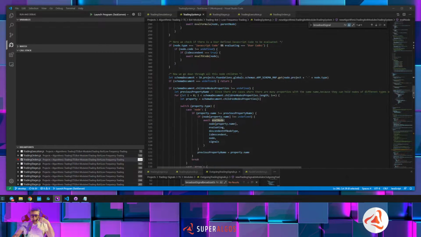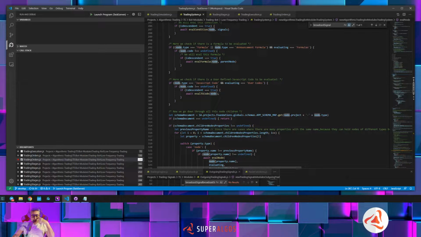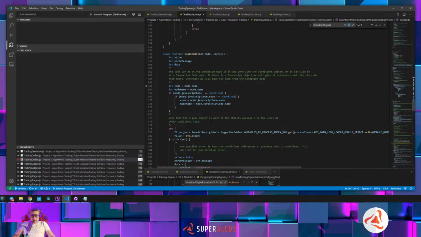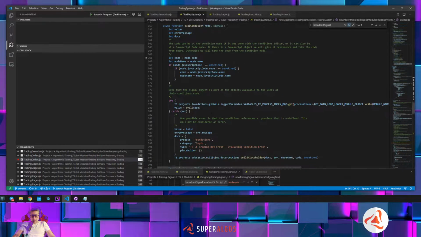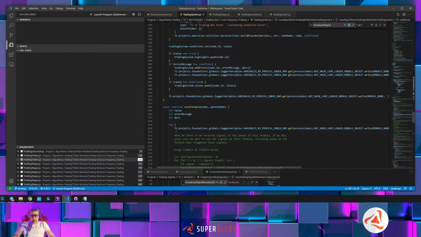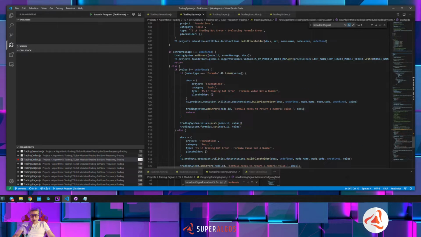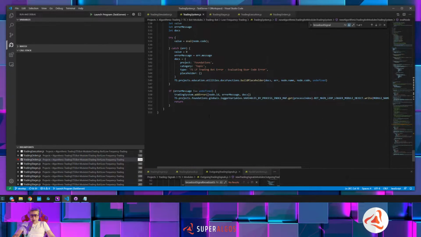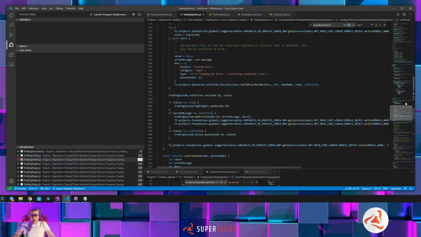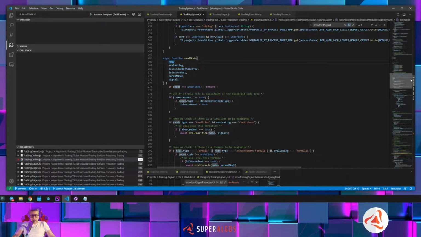So this is a recursive function that you can give a node, and then it will go and execute all the other stuff. Then eval condition is the function that actually evaluates a condition. Eval formula is the function that actually evaluates a formula. And eval code. And this is where it finished.